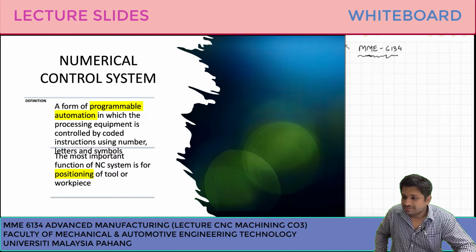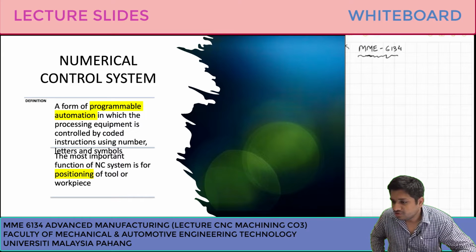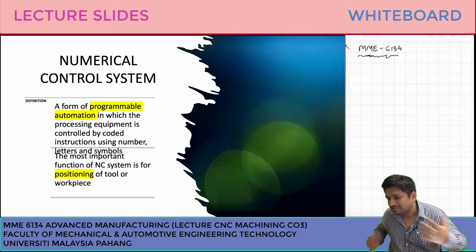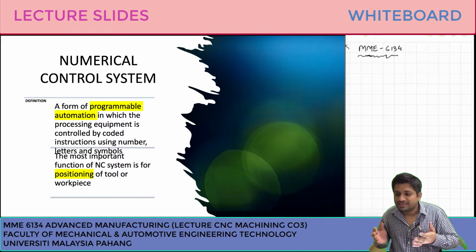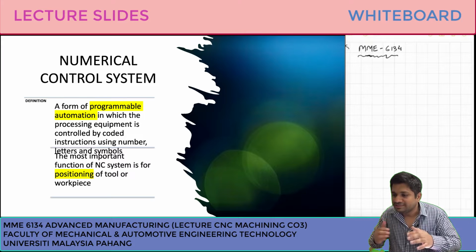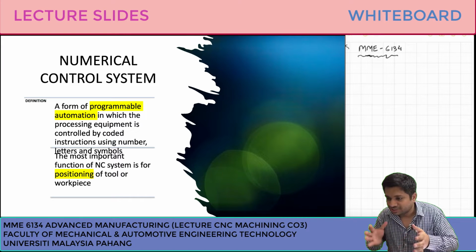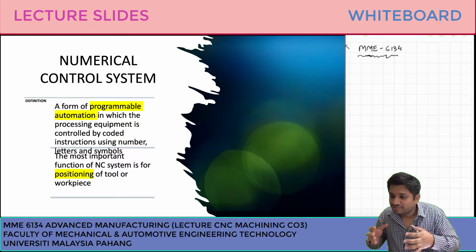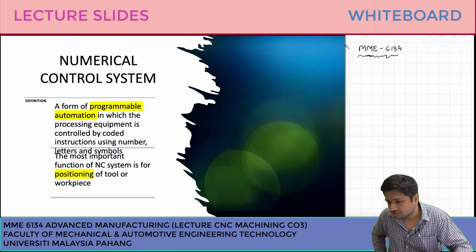So what is basically a CNC system, or numerical control system, NC? It is basically a programmable automation in which the processing equipment is controlled by some codes or instructions. So the basic thing is we have to supply some codes, and those codes are translated by the machine's processing unit, and then the machine carries out the duties based on those codes or those part programs.